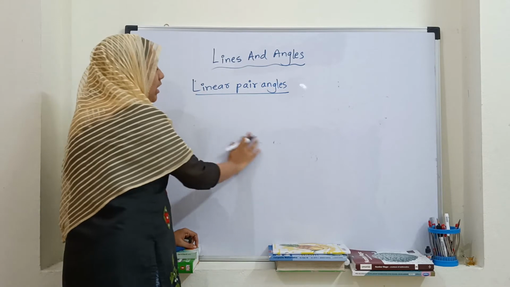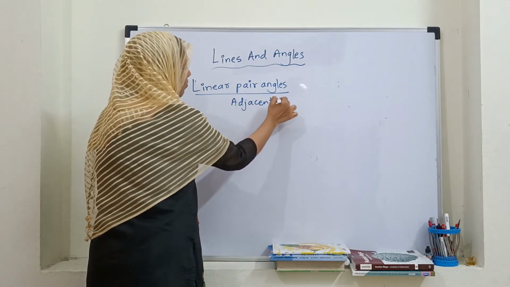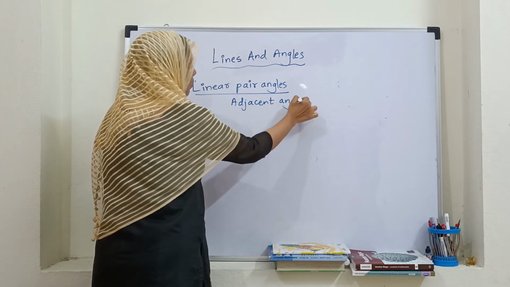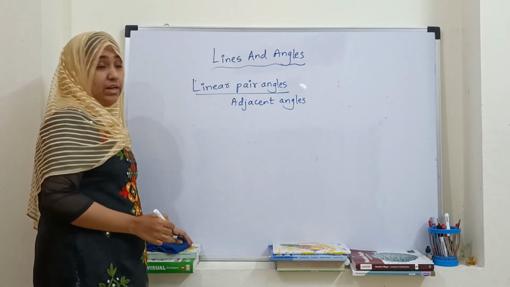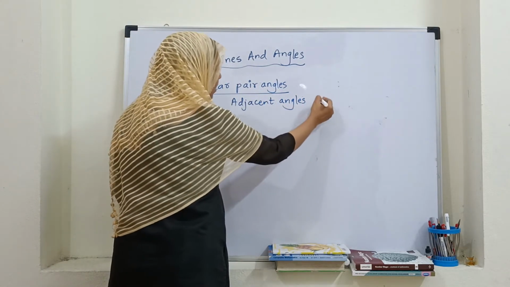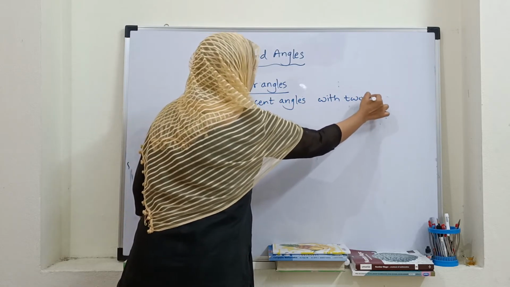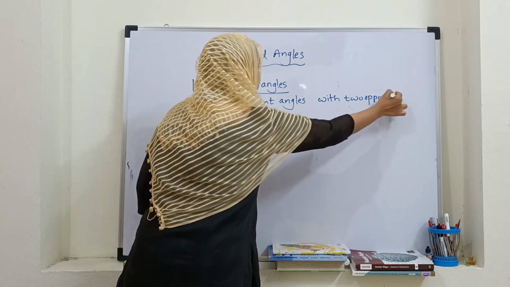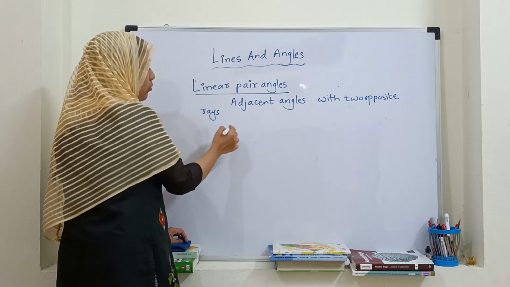So again, for linear pair angles, you need adjacent angles. But we have some special characteristic for the linear pair. You should have adjacent angles with two opposite rays, or you can say two opposite arms.